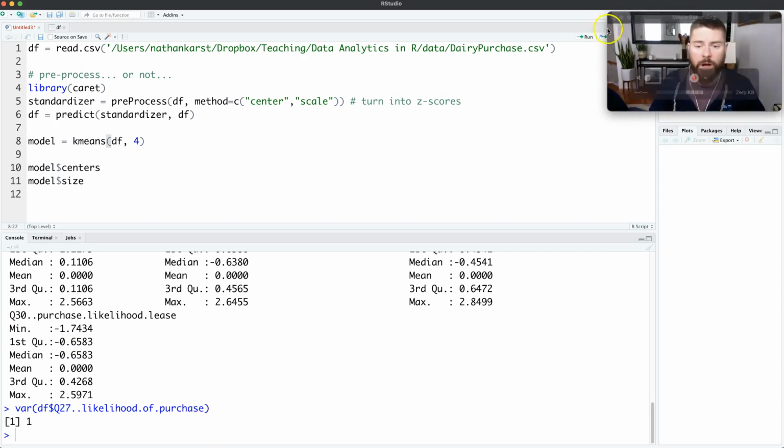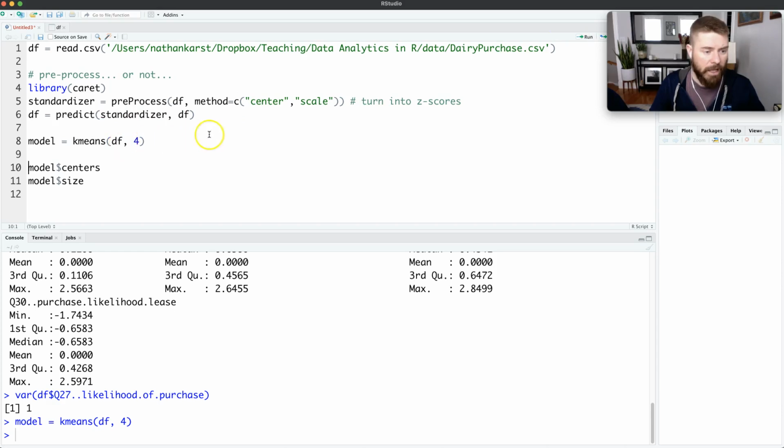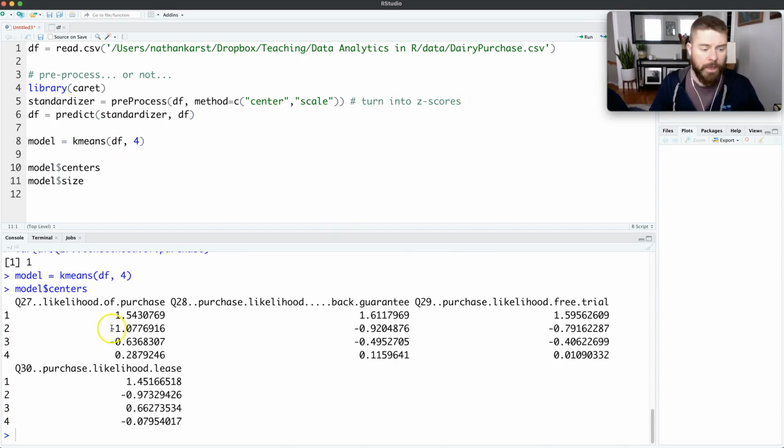Exactly. The only problem now is if I run this model again with 4 columns and I now look at the centers, the only thing to notice is that these are in z-scores. So it is harder to interpret in absolute terms. Not impossible, harder. I'll go back to my original frame. But it's still informative. For instance, I can still tell that my new cluster 1 is my positive cluster because they're 1.5 standard deviations above the mean for basically every single question.